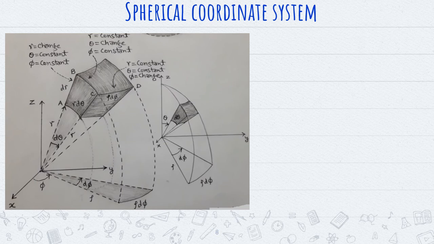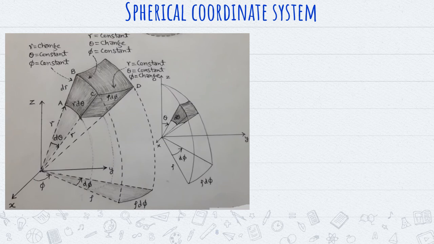This is a conical shape, with d theta along with the length of radius r. In the second side, theta is changing, whereas r and phi are constant.